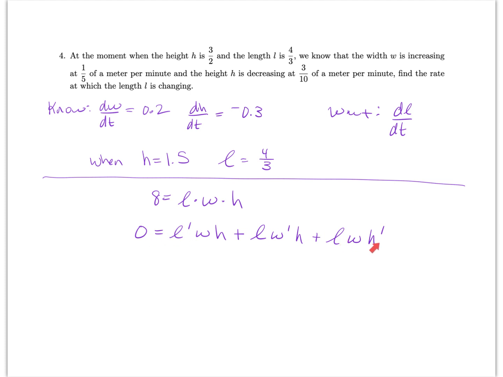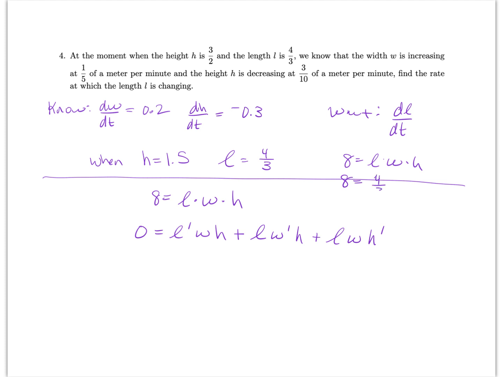Now plug in the things we know and the things we want. Okay, so I know W prime and H prime, and I want L prime. And this is all when H is 1.5 and L is 4/3, which means I should be able to figure out what W is at that moment. Let's draw a quick picture. Well, 8 equals length times width times height.